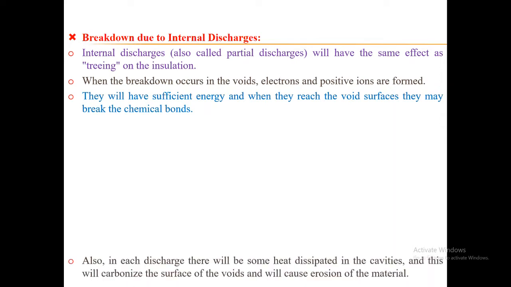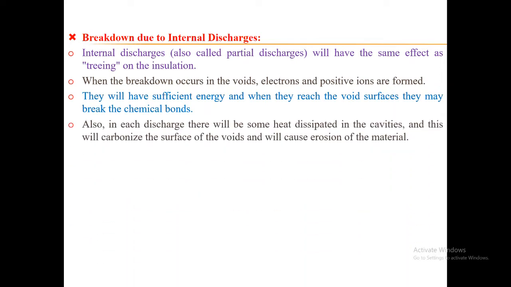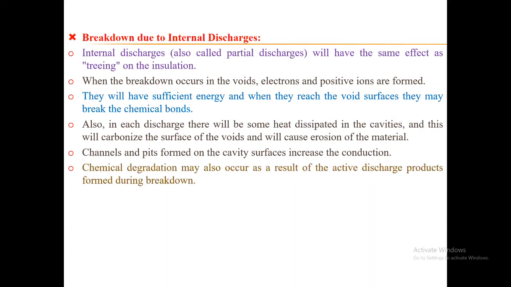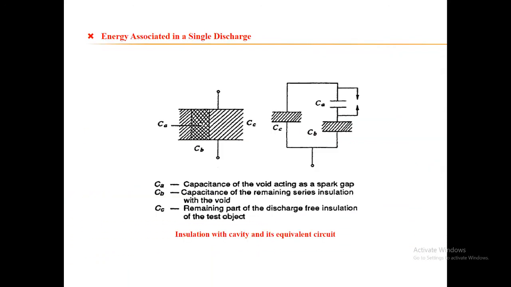So the internal discharges lead to permanent failure due to the action of mechanical behavior, thermal behavior and chemical instabilities. All these three actions normally act over time due to the involvement of these discharge activities.